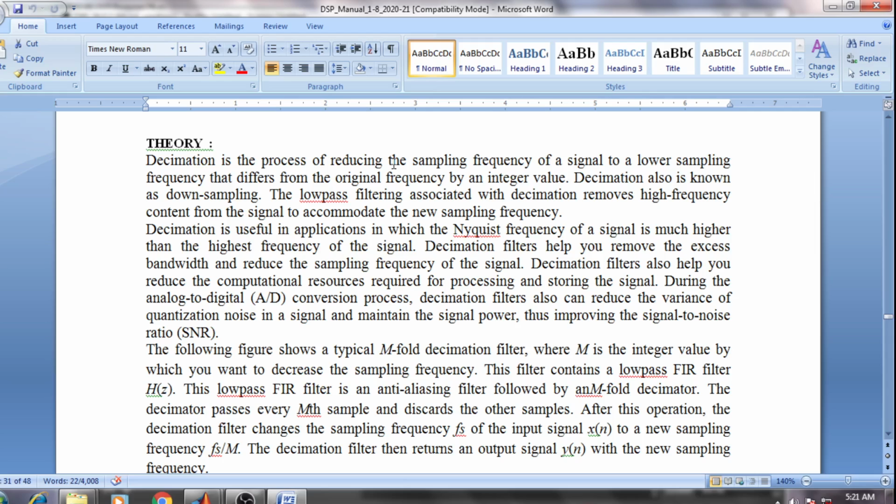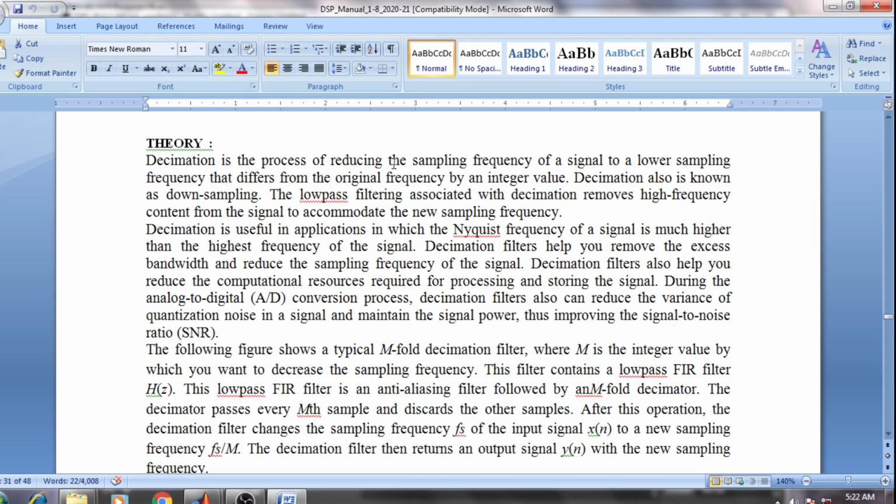So keep it in mind. Decimation is just a process of reducing the sampling frequency of the signal. It lowers the sampling frequency, and it will be different from the original frequency by an integer value.